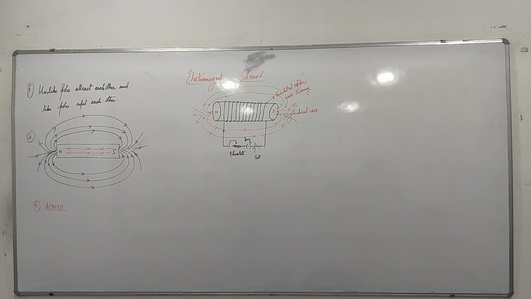The next point. The strength of an electromagnet can be varied using the following factors.